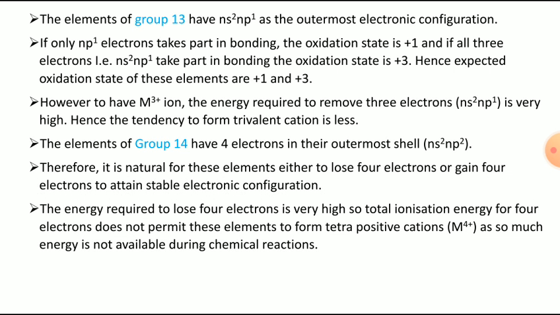The energy required to lose 4 electrons is very high, so total ionization energy for 4 electrons does not permit these elements to form tetravalent positive cation, that is M4+, as so much energy is not available during chemical reaction. Okay, so we have seen group number 14. These group number 14 elements show either +2 or +4 oxidation state.